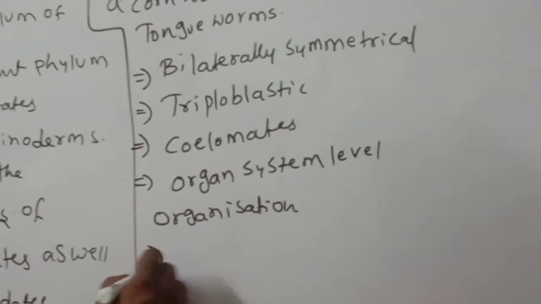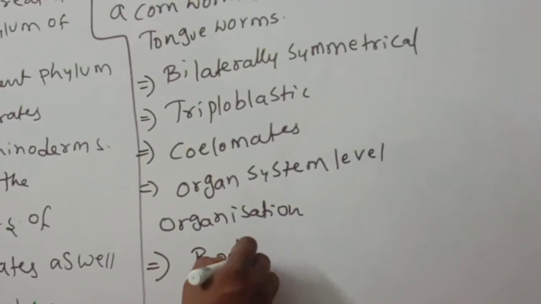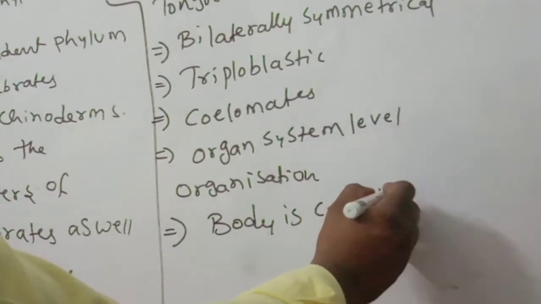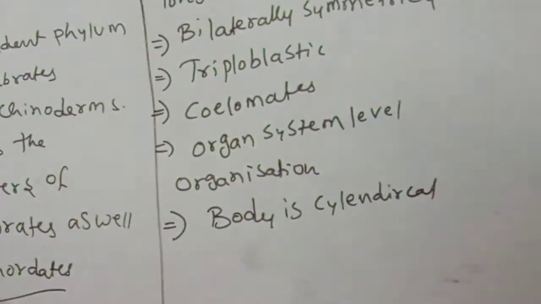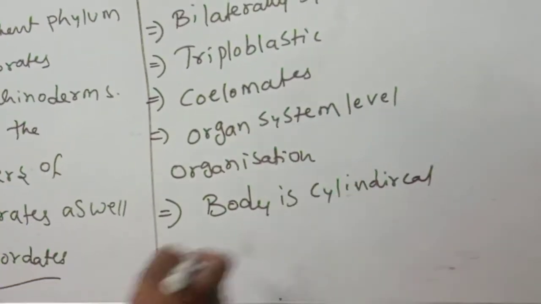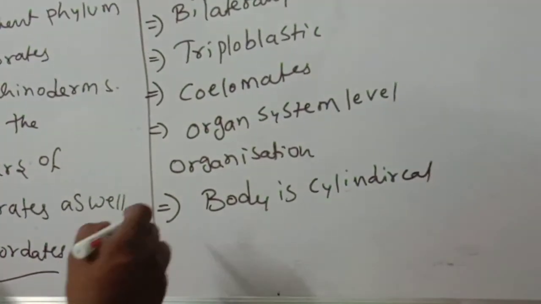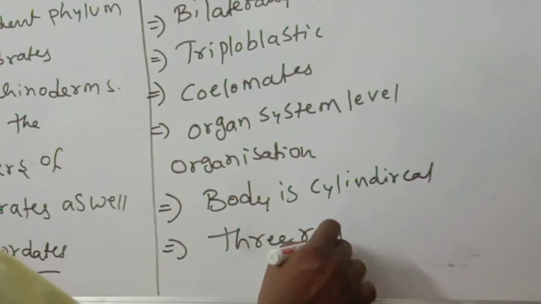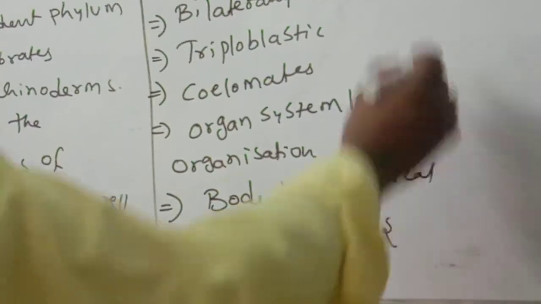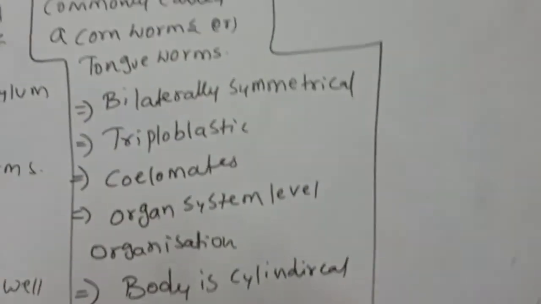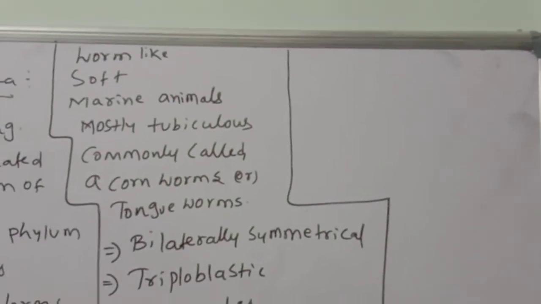The next important point: their body is cylindrical. It looks like a cylinder, that's why cylindrical. Next important point, the body is divided into three regions. What are the three regions of this body?